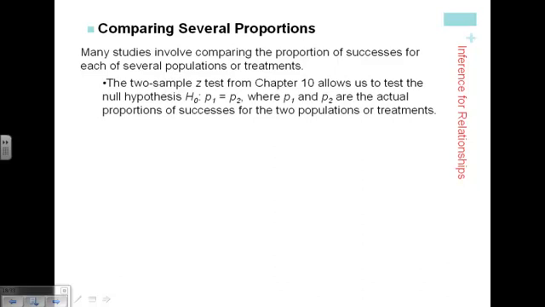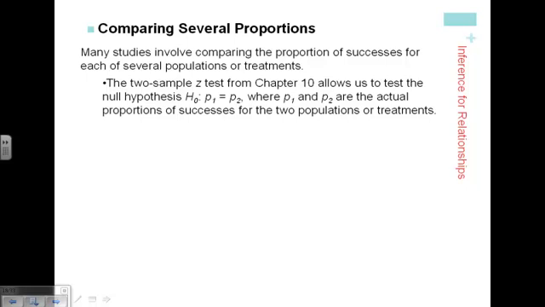I want to recall that we've done most of the ideas here before. All we're doing is expanding the kinds of problems we can solve, and we're saving ourselves time by looking at chi-square as compared to the individual tests of proportion.